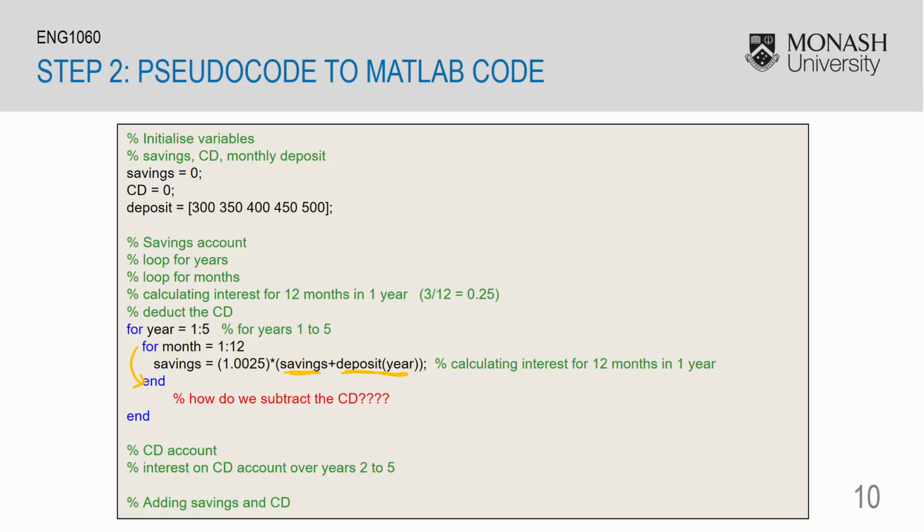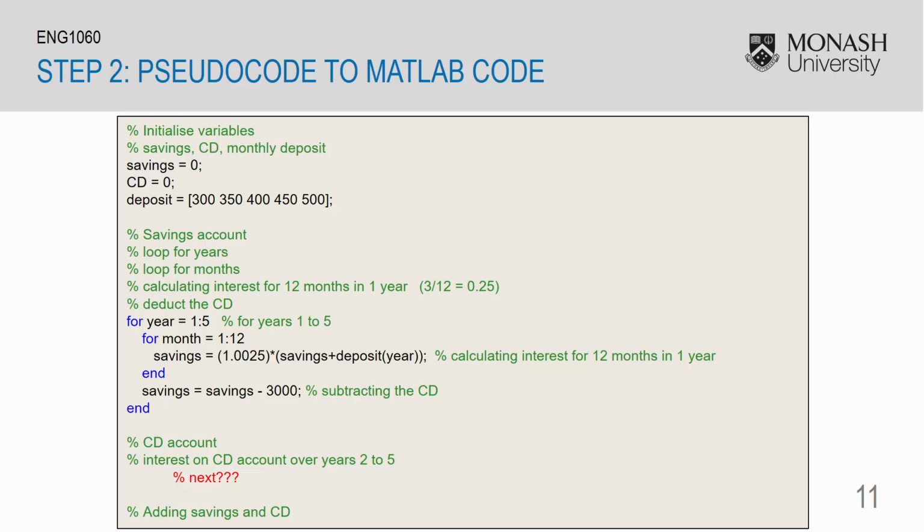So then what happens after each year? We need to subtract the withdrawal required to purchase the certificate of deposit. That's given by savings is equal to savings minus 3,000.